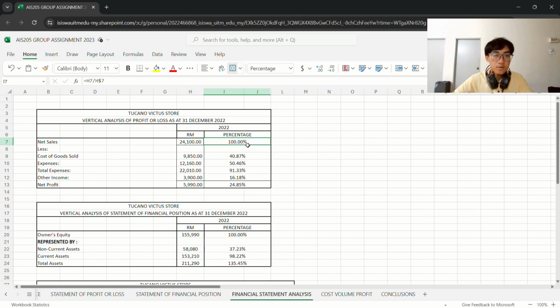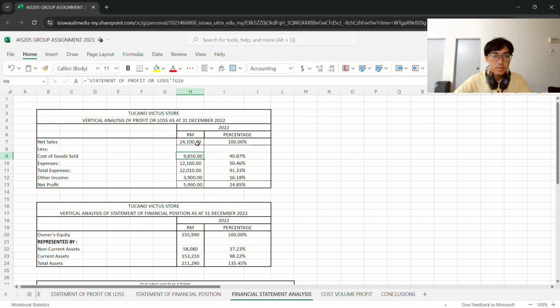So in the cell of the percentage, which is I7, we write the equals H7 divide by H and then we put the absolute cell reference and then 7. Next is cost of goods sold. Our cost of goods sold is 9,850 ringgit.